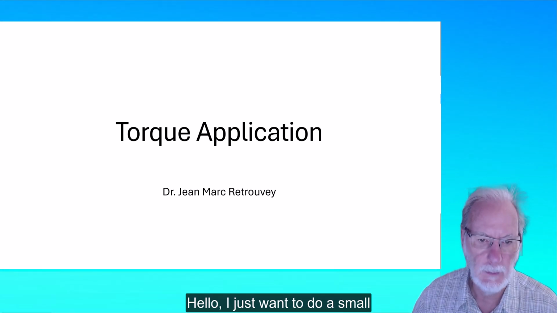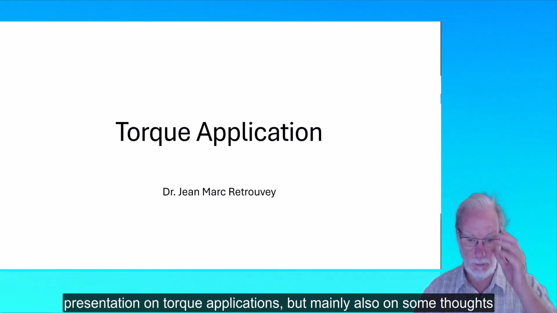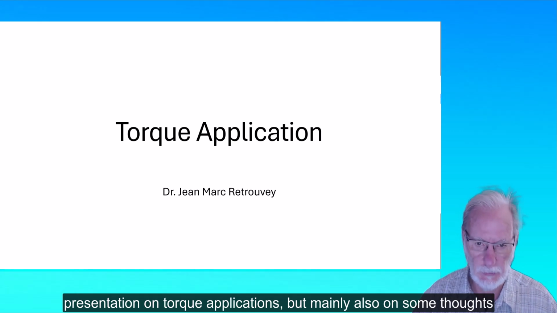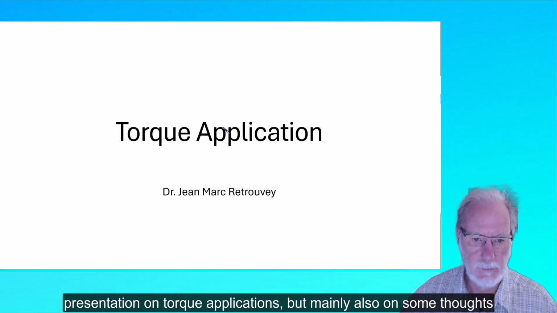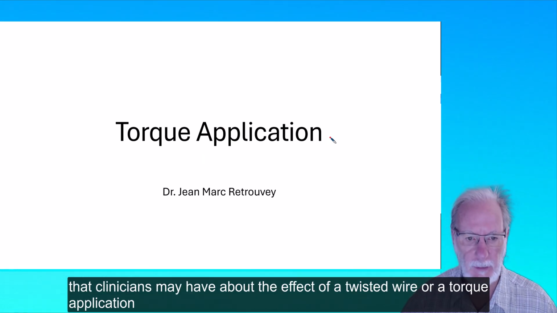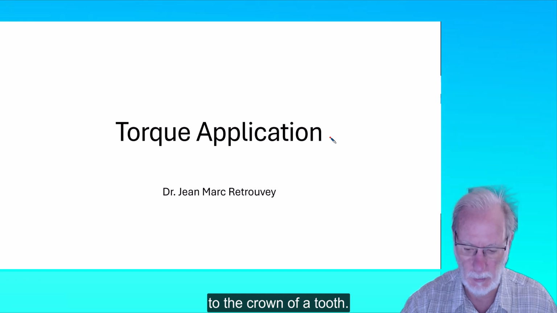Hello. I just want to do a small presentation on torque applications, but mainly also on some thoughts that clinicians may have about the effect of a twisted wire or a torque application to the crown of a tooth.